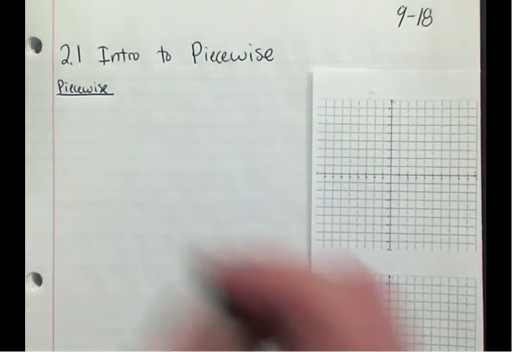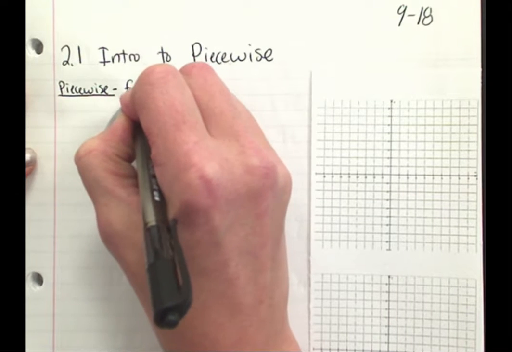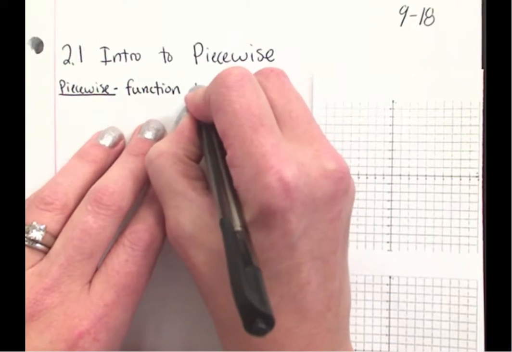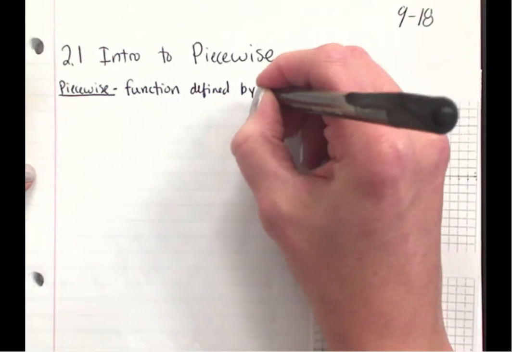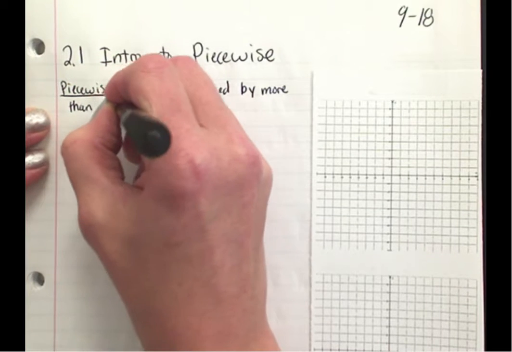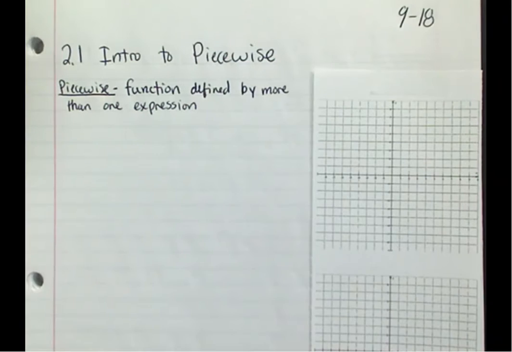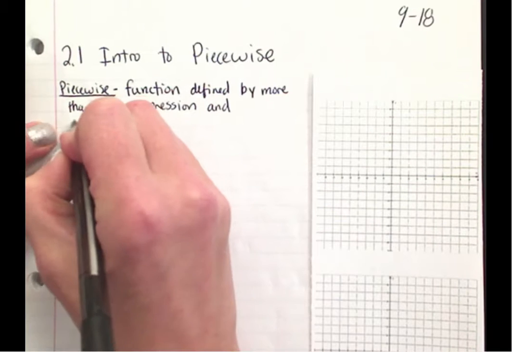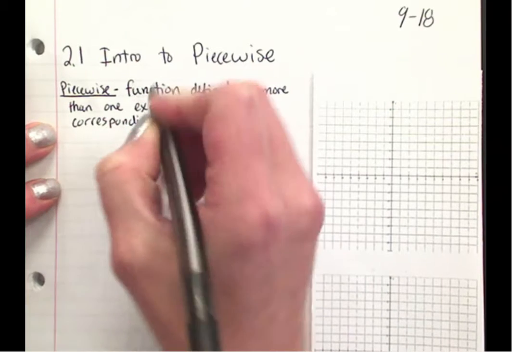Okay, piecewise is a function defined by more than one expression and corresponding domain.